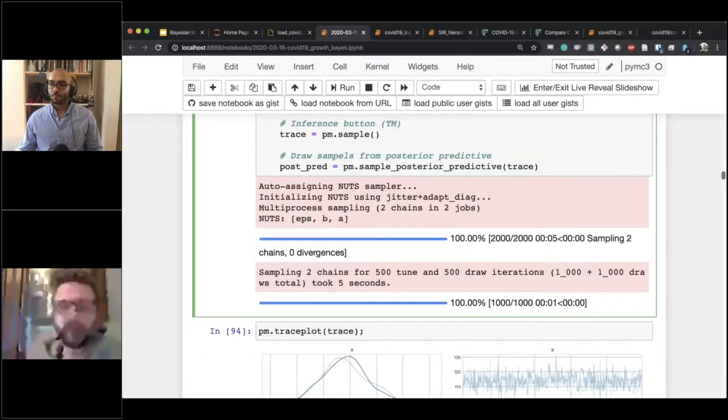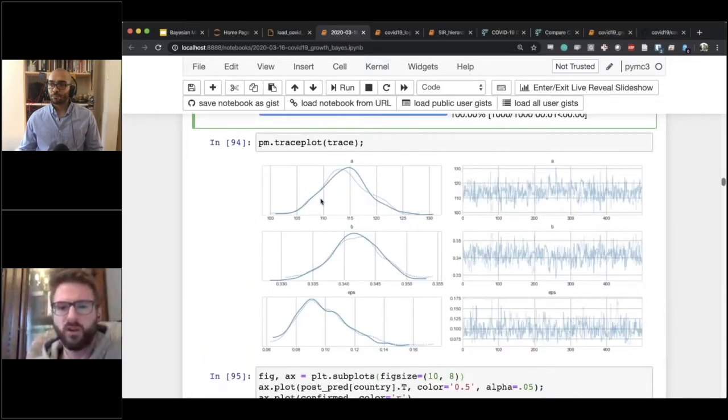So here we can now look at the so-called posteriors, which again is the belief of my parameters after having seen the data. If you were to not do this in the Bayesian framework, these would just be single scalar values, right? So you get, say, 115 as the best fitting value. But because we're in the Bayesian framework, we have uncertainty here, and that is expressed in the width of that distribution.